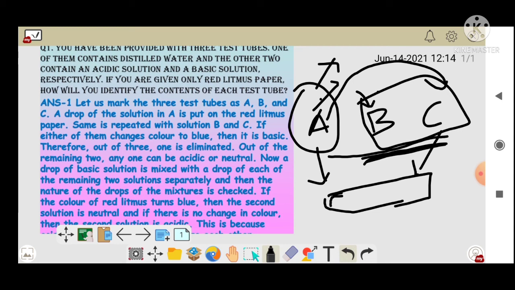Which one changes the red litmus to blue? This one is distilled water. Why? Because distilled water is neutral.